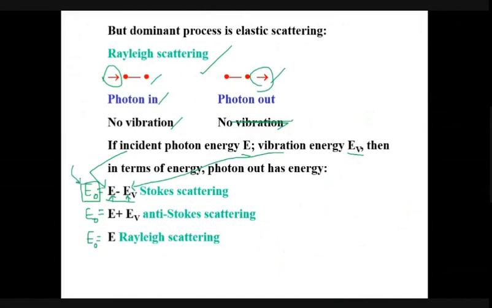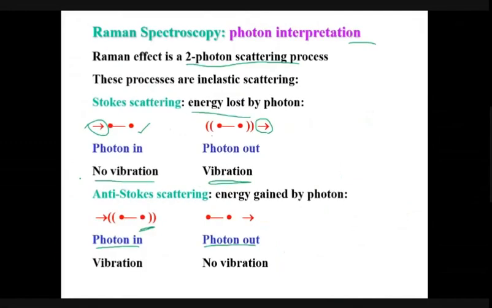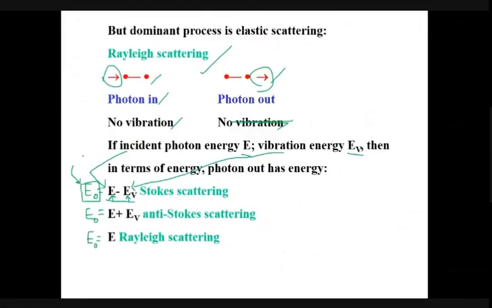Now, what has happened in Stokes scattering is, the photon has lost some energy to vibration and it has now got less energy. Original energy was more and this energy is less. That's why this is a smaller number, this is a larger number. So if this is a larger number, where has the energy gone? It has gone into the motion of vibration.